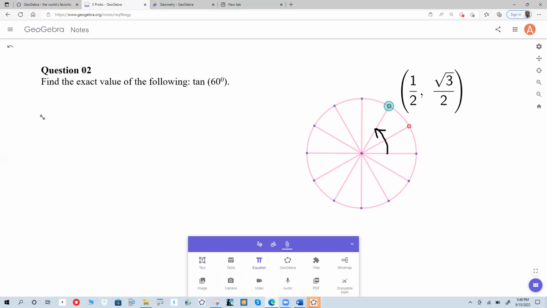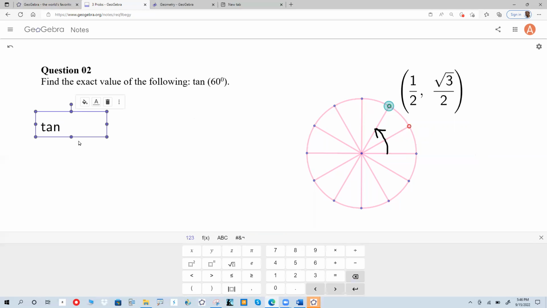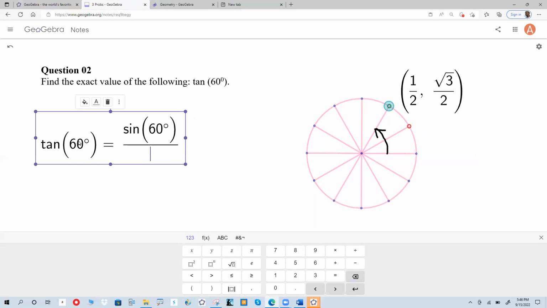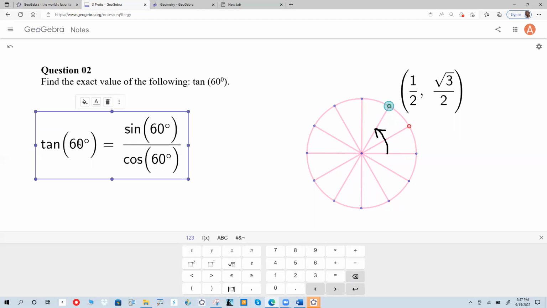So let's write it down. Tan 60 degrees is equal to sine 60 degrees divided by cosine 60 degrees.